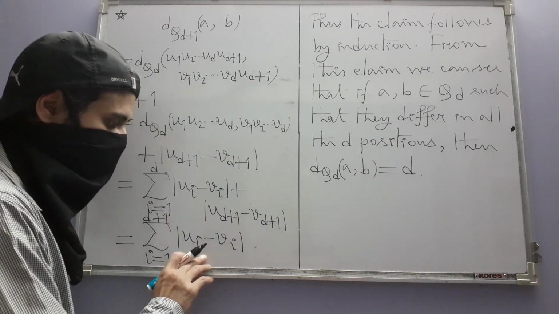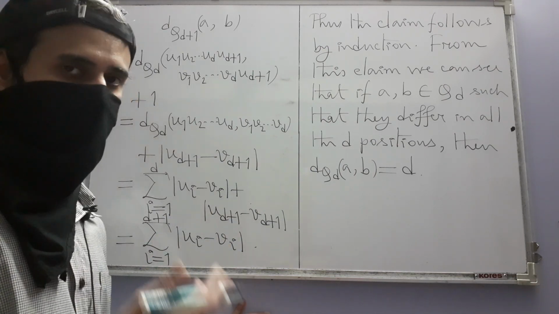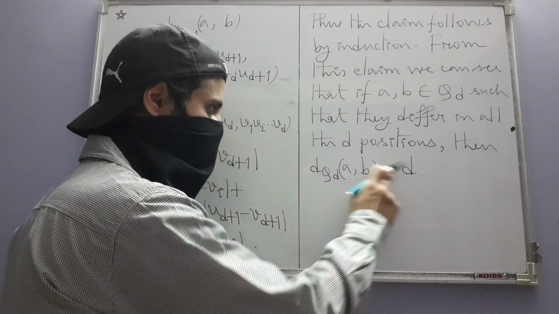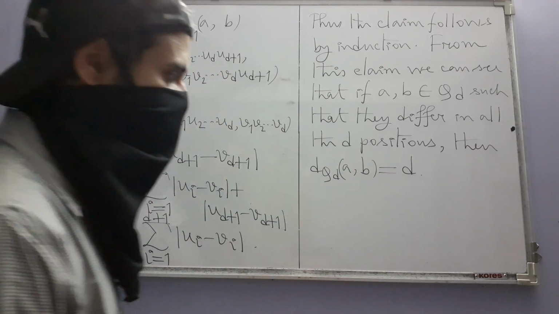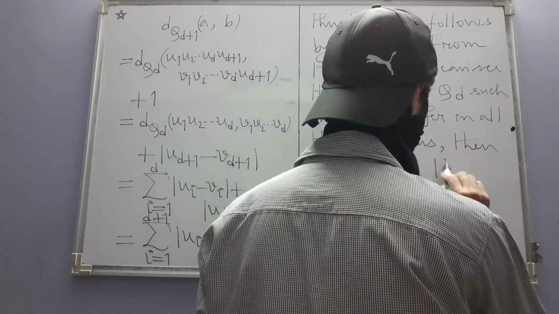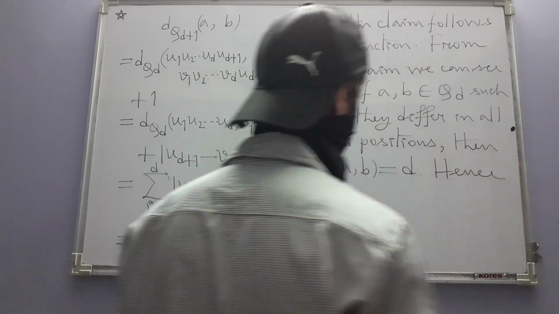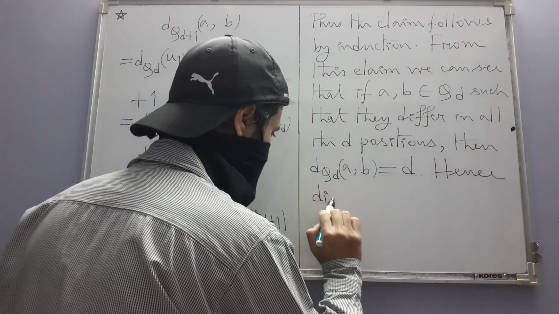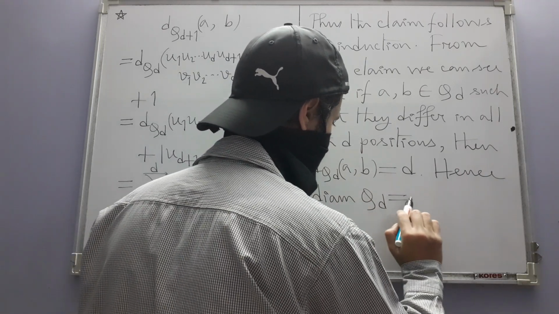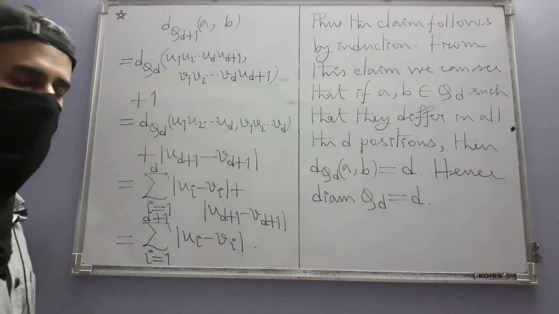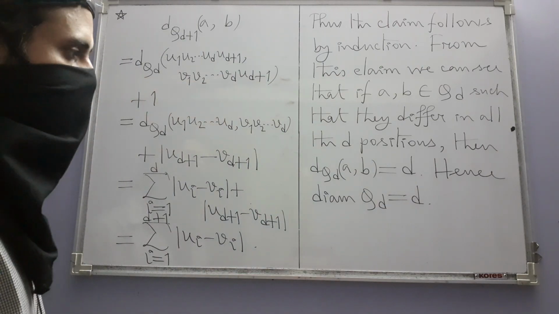Any such term contributes either 0 or 1. So the maximum contribution that you can have is D number of ones. So D. Hence, the diameter of QD is D. Okay, so we have found the diameter.